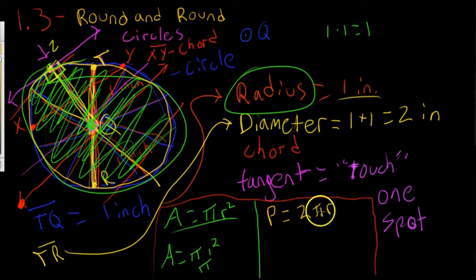So 2 pi times the radius. Again, always keep pi just itself. Don't call it 3.1415926. Just keep it as pi, so you always express it in terms of pi. So the perimeter of this circle would be 2 pi r. So 2 times pi, we're going to leave it at 2 pi. But what's r? r is 1 inch, right? So then 2 pi r, 2 times 1 is 2. Our perimeter would be 2 pi for this circle.